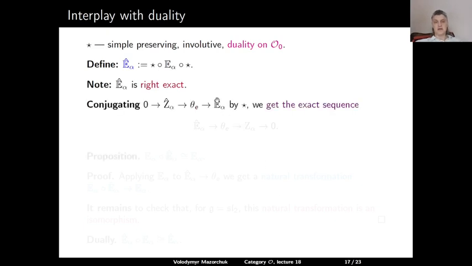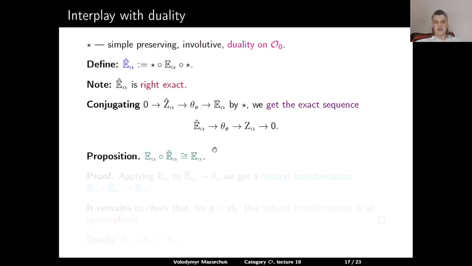So conjugating the left exact sequence, 0 goes to the dual Zuckerman, goes to the identity, goes to the Enright completion. So conjugating this sequence by duality, we get the left exact sequence where the functor E alpha hat is mapped to the identity, and the cokernel is exactly the usual Zuckerman functor Z alpha.